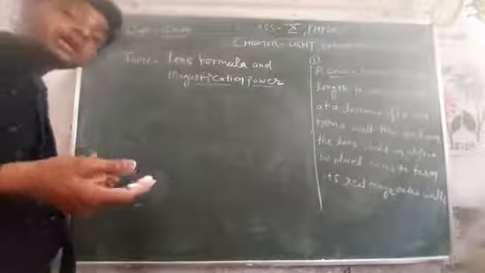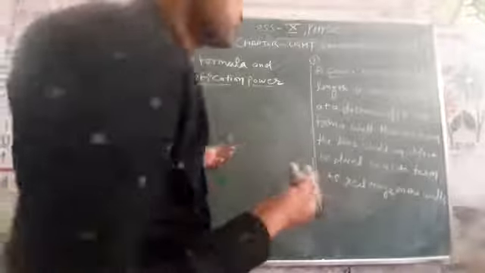How far from the lens should the object be placed so as to form its real image on the ball? It means the ball behaves as a screen.